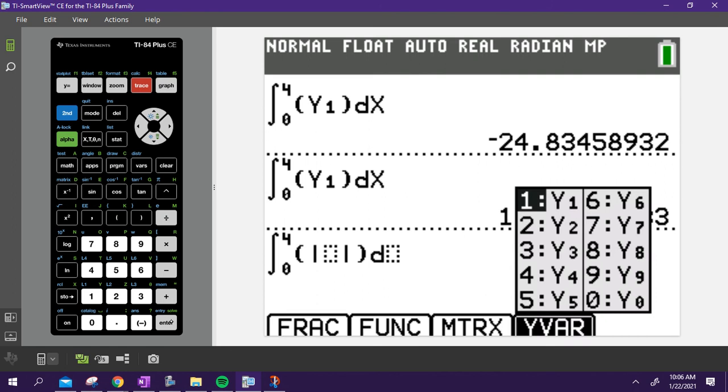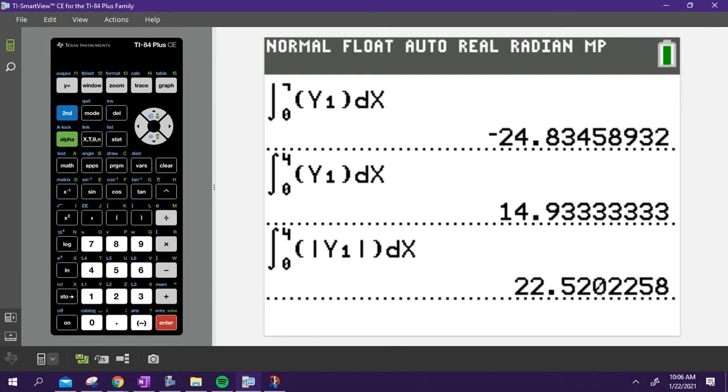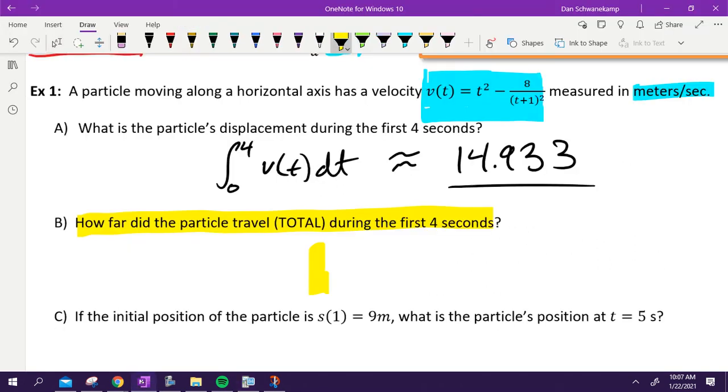I'm going to do the absolute value of my function. So I'm plugging in a Y1 right there. And it's going to be dx. I type it in. I hit enter. It takes a longer time anytime you do absolute values. My answer is 22.520. Does it make sense that it's a bigger number than the displacement? Yeah, it's always going to be the same or bigger. 22.520.